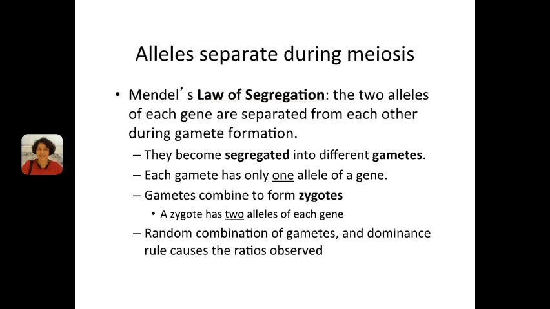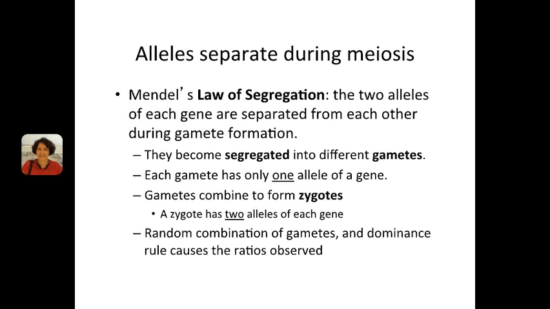Now, Mendel didn't use those exact terms because the word gene had not been invented yet. That happened after he died. But he still realized that there were 2 copies. He called them factors.